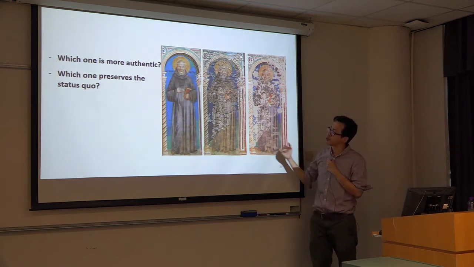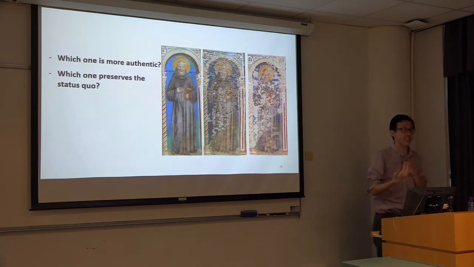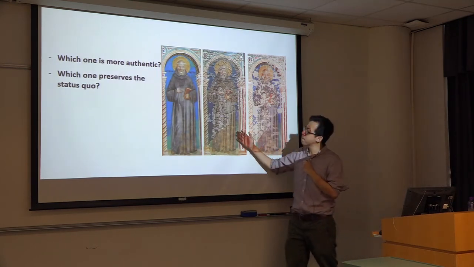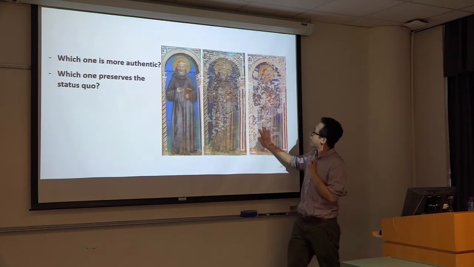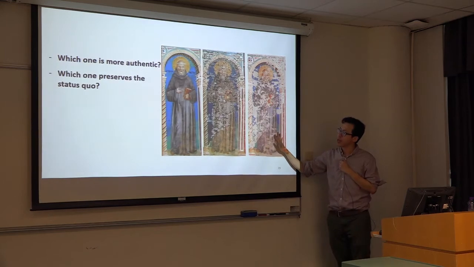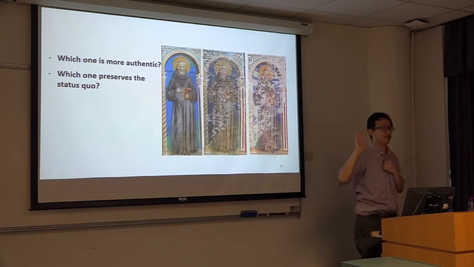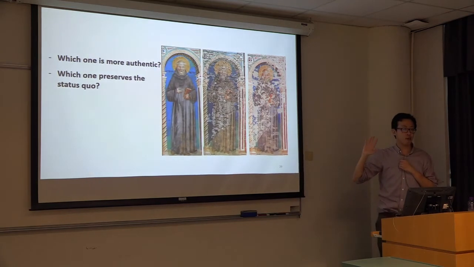I want to use one more example to highlight the difficulties in reality. It is, again, an oil painting, and you have three different versions. By the way, this one dates back to the 13th century, about 800 years old.